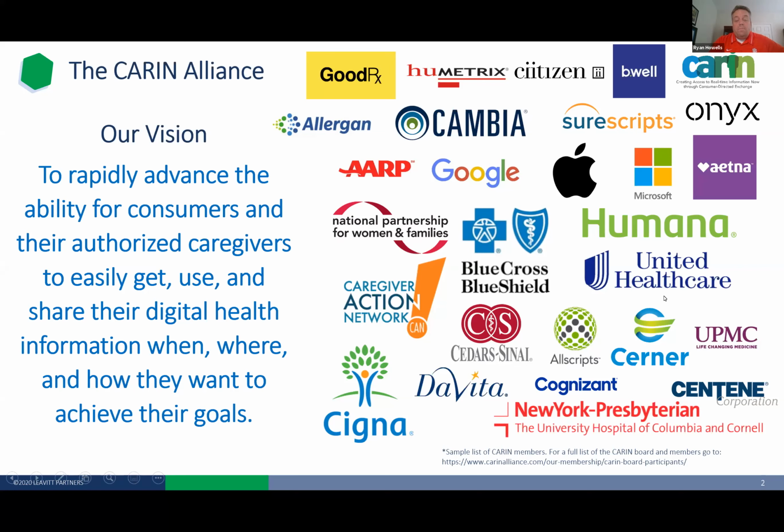There are a few major projects that we're working on. And again, we've got the team here to be able to talk about them. We're prepared to answer any questions during the presentation or at the end. So if you've got any questions from yesterday or today, really around anything, please let us know and we'll be able to answer those. But the major work that we have going on right now is the CARIN Blue Button implementation guide work. The consumer-facing real-time pharmacy benefit check implementation guide work.